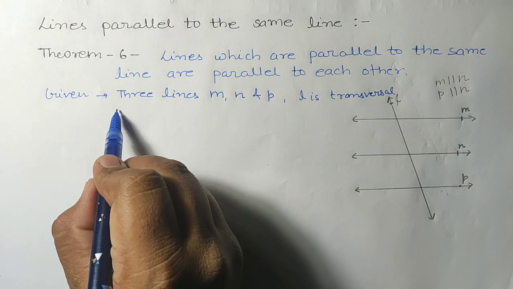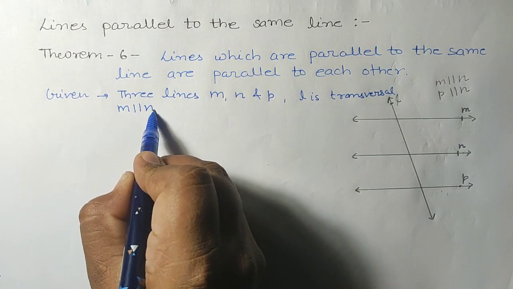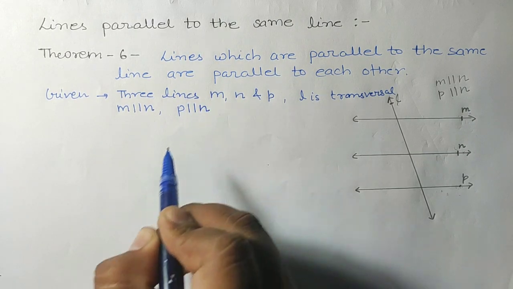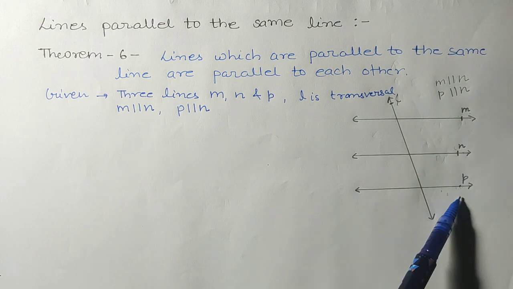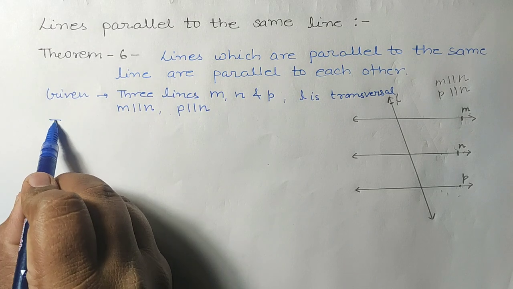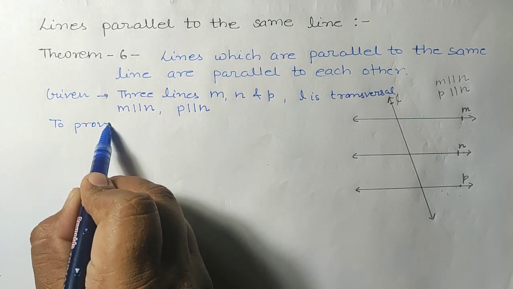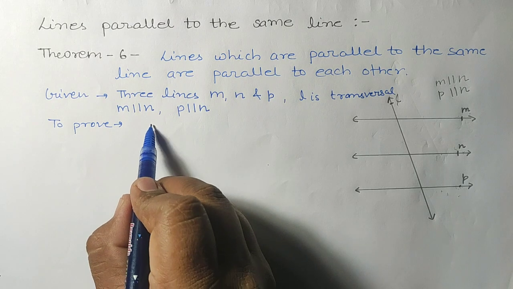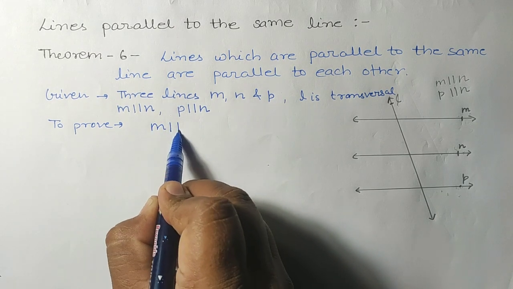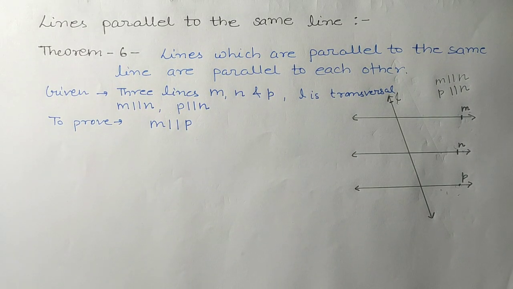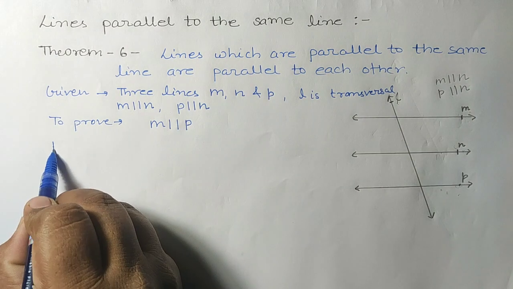What else is given? That M is parallel to N, P is parallel to N. Both the lines M and P are parallel to the same line N. Now what is to prove here? We have to show that these lines M and P are parallel to each other. Now we'll see how we'll prove this.